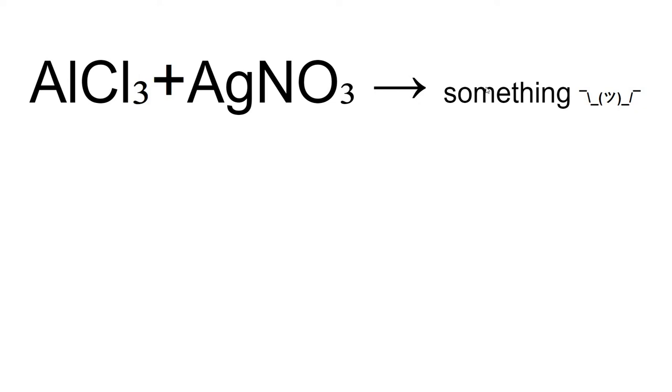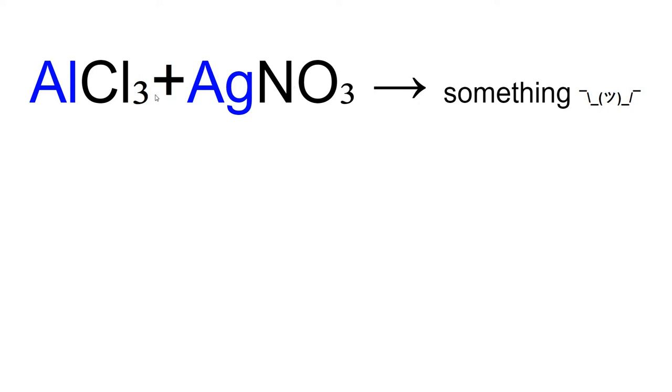Now, we gotta write the products. So, normally in a double replacement, such as this equation that we have, and the way to know that it's double replacement is that it's 2 different compounds.